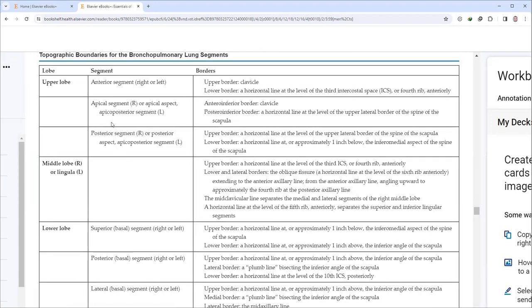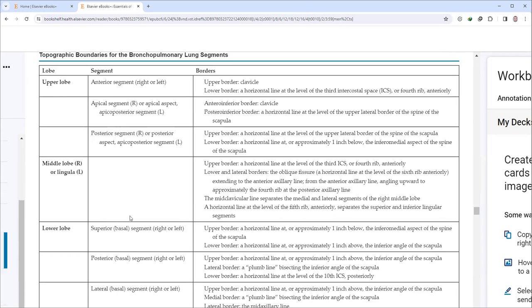And we have apico-posterior segments on the left also. This corresponds to three segments.